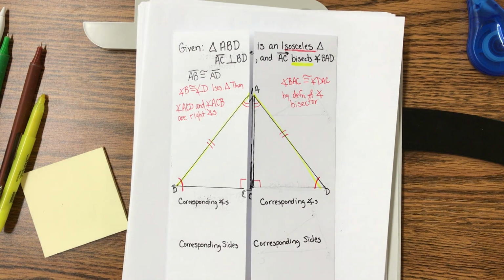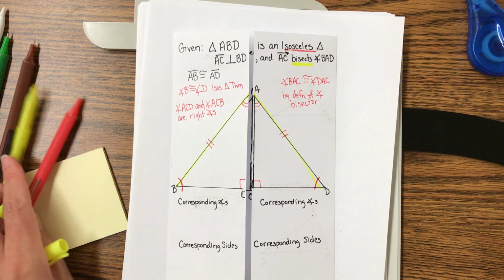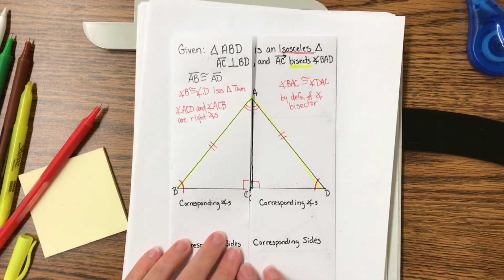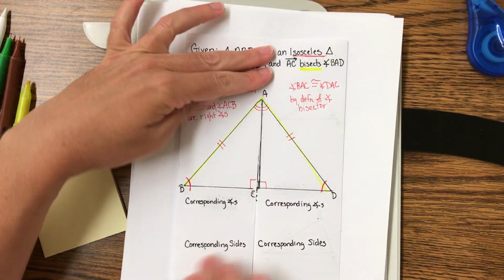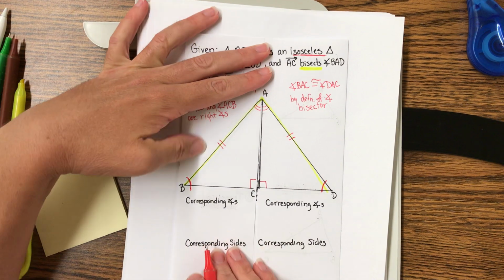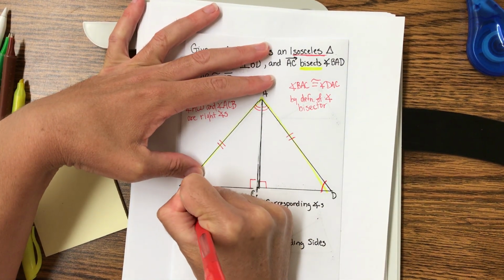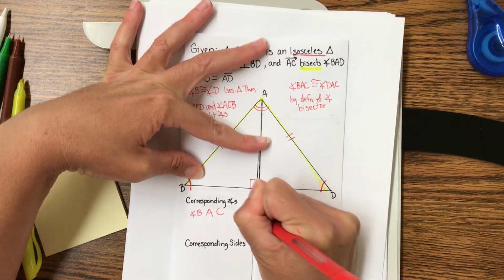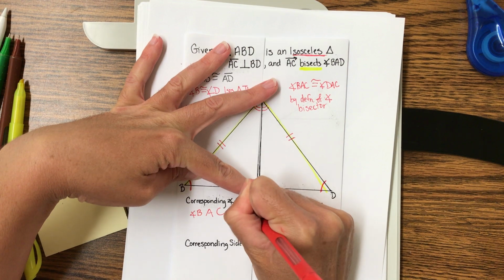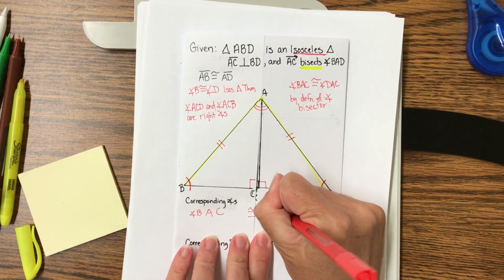So now, let's talk about our six corresponding congruent parts now that we've got this set up. What are my corresponding angles? Now that we've got things mapped out and identified going by our given, the first thing I'm going to say is that angle BAC is corresponding and congruent to angle DAC.